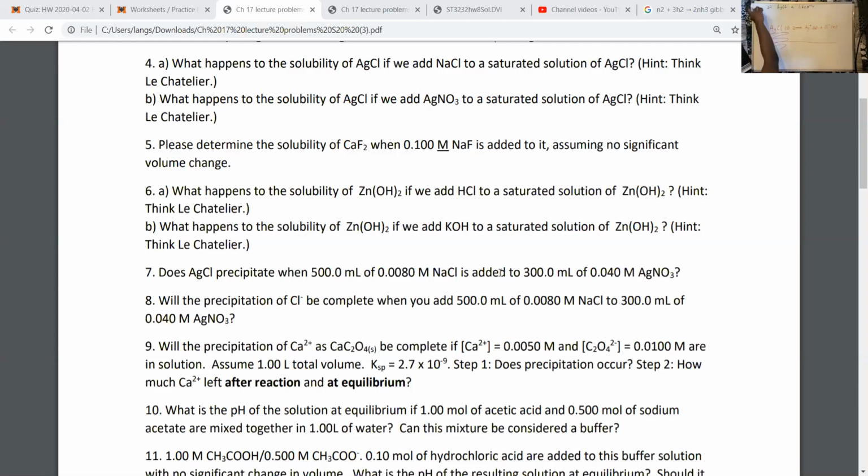So I'm looking at 500.0 milliliters of 0.0080 molar, and then we have 300.0 milliliters of 0.04 molar AgNO3. And then the top one is NaCl.